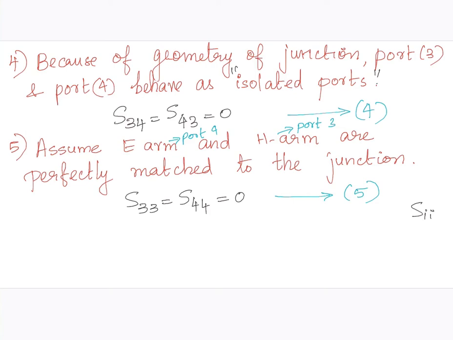And also let us assume the E-arm and H-arm, that is port 3 and 4, are perfectly matched to the junction. Whenever we speak about perfectly matched to the junction, we denote it as Sii. So the ports which we have considered here are S33 and S44. So we can write S33 is equal to S44 is equal to 0.